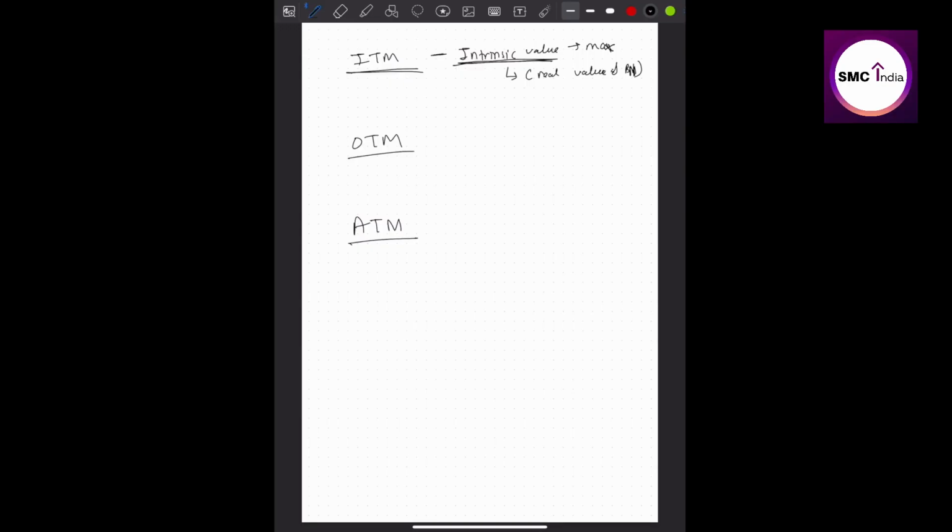In the money, the intrinsic value, the real value of Bank Nifty, is maximum. So the other values like time value, which are always negative, are less in the money, correct? So what happens in the money is that it is less volatile.